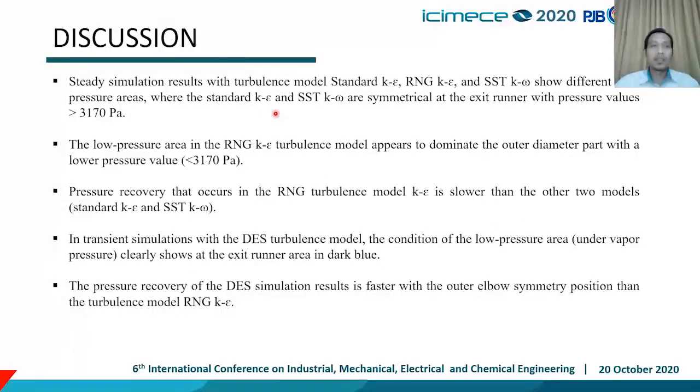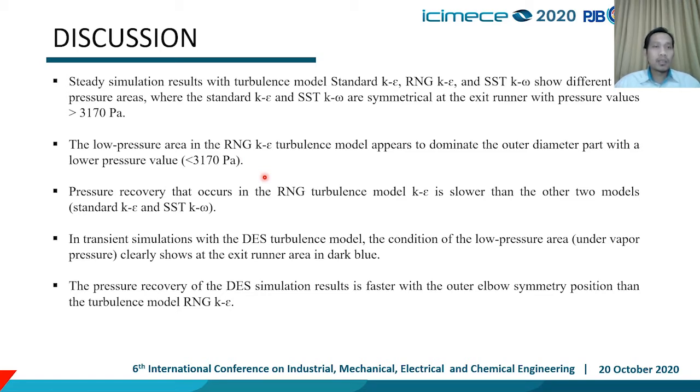In the discussion, the simulation results with turbulence models standard K-epsilon, RNG, and SST show different low pressure areas, where standard K-epsilon and SST are symmetrical at the runner exit with pressure values above 3170 Pascal. The low pressure area in the RNG turbulence model appears to dominate the outer diameter part with a lower pressure under vapor pressure.